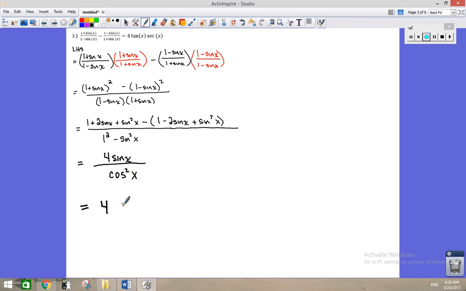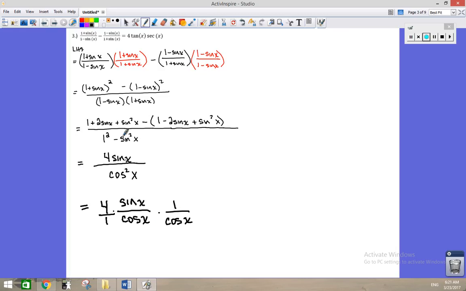So I'm going to take this cosine squared and split it up into cosine times cosine. Okay. And if I take this single fraction and split this up into four fractions where I'm multiplying these, remember it's the same thing because you multiply straight across the numerator and straight across the denominator.